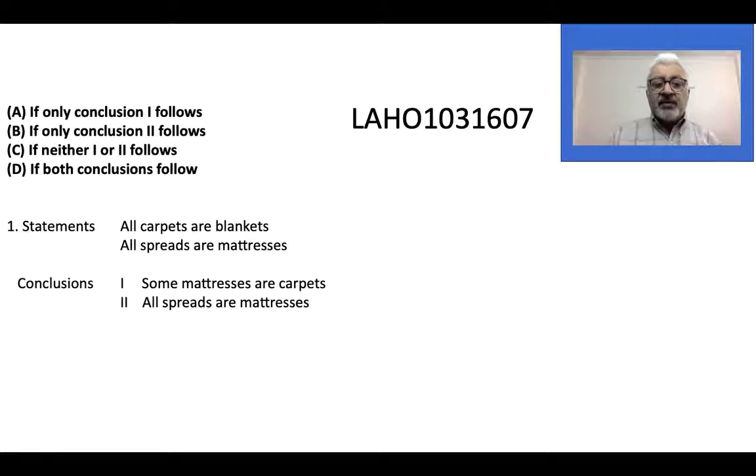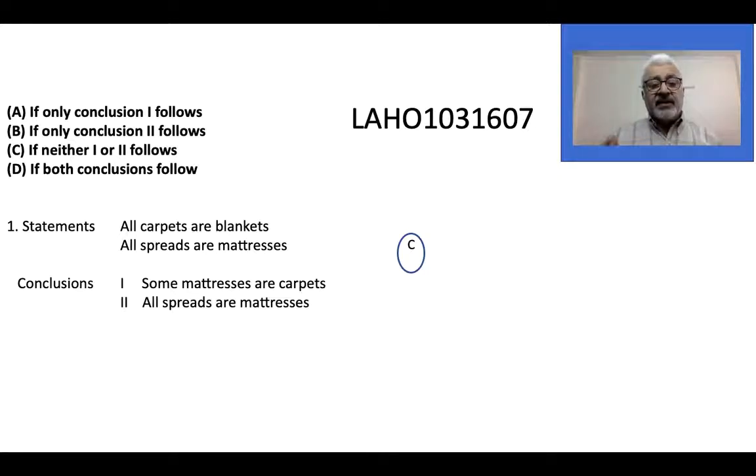All right, moving on. Now we are going to find out the answers to the two statements given here. All carpets are blankets and all spreads are mattresses. All right. Now, we draw the first Venn diagram for all carpets are blankets. If this is carpets, then where should blankets come?